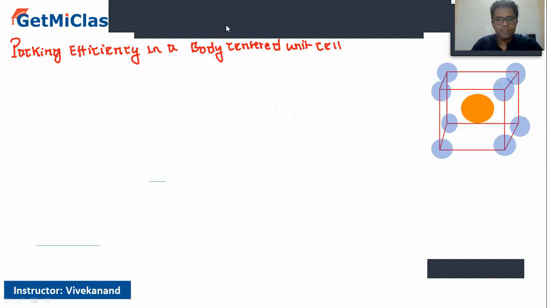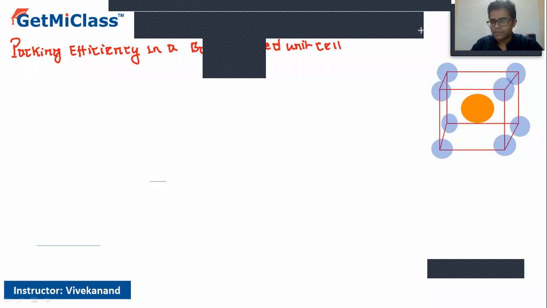Now, please do note that these diagrams should be in such a way that the particles connect to each other like this. Now, this black color one will represent to us a body-centered unit cell. Now, this diagonal is the body diagonal, right?